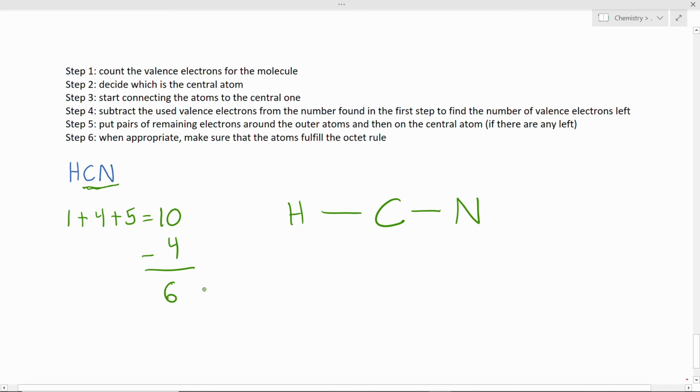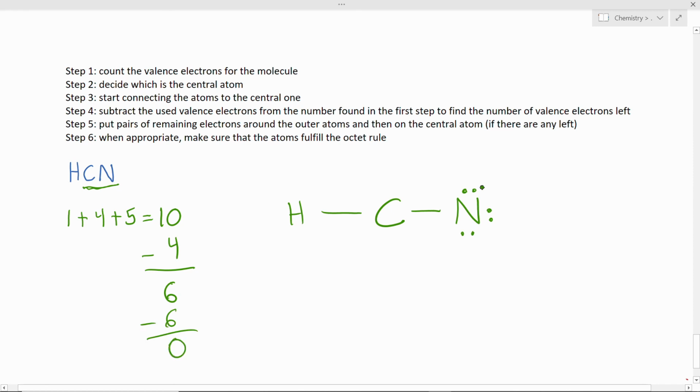Now with 6 valence electrons, we know that we have to put them on the outer atoms. But of course we know here that we cannot put remaining valence electrons on a hydrogen atom. So we have to put them on the nitrogen. So we have 1, 2, 3, 4, 5, 6. And so we don't have any more valence electrons left.